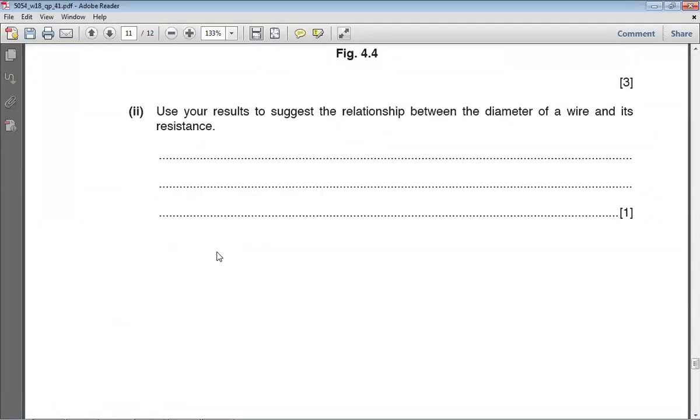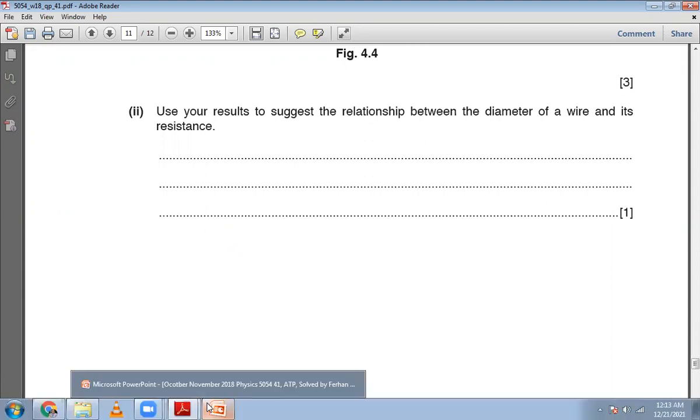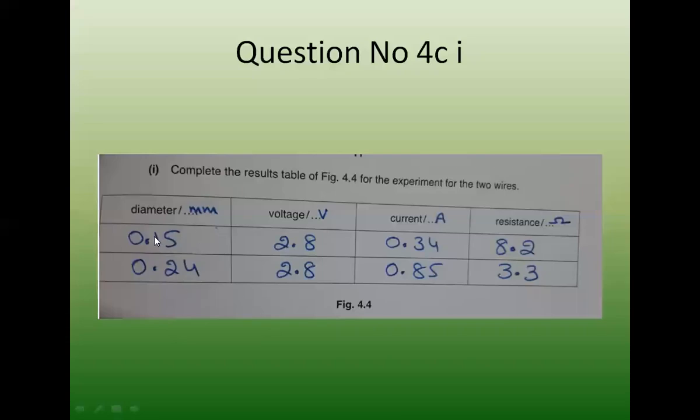Okay. It says use your results to suggest the relationship between the diameter of a wire and its resistance. You can look. When the diameter is 0.15, the resistance is 8.2. When the diameter has increased to 0.24, the resistance has decreased.